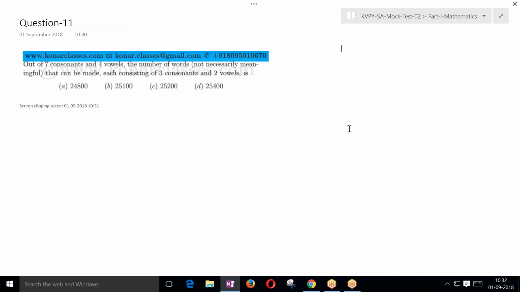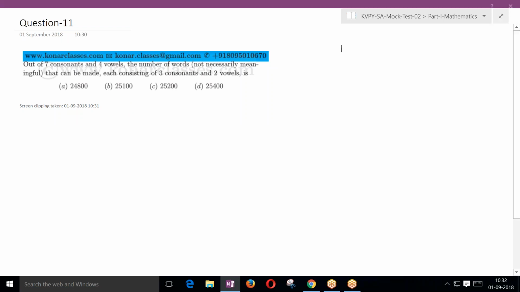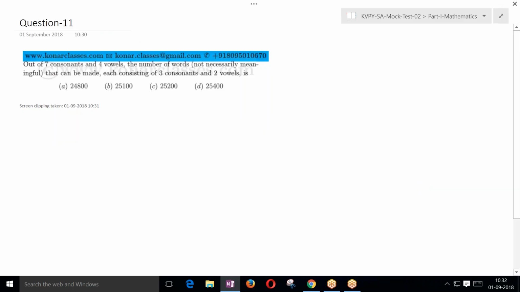How many consonants are given to us? 7 consonants, and we need to select 3 out of them. So 3 consonants can be selected from 7 consonants in 7C3 ways.